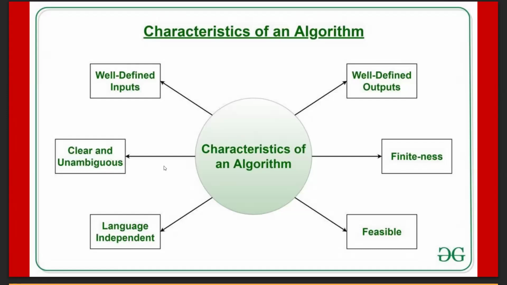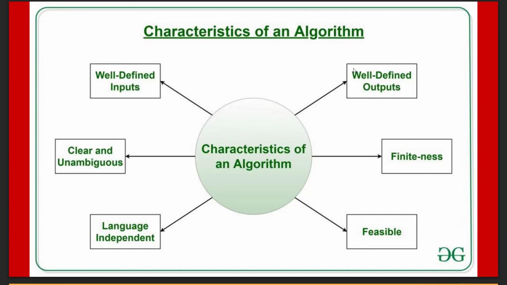Next, characteristics of an algorithm. There are certain characteristics for an algorithm. Just as human beings have characteristics in their behavior, algorithms also have different characteristics. The characteristics are: well-defined input, well-defined output, finiteness, feasible, language independent, and clear and unambiguous.